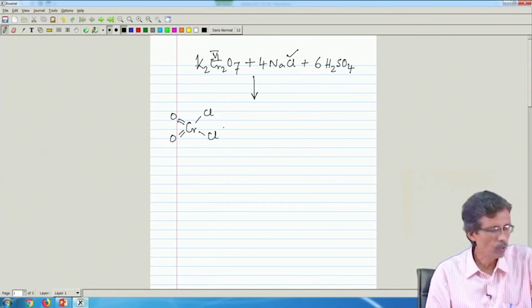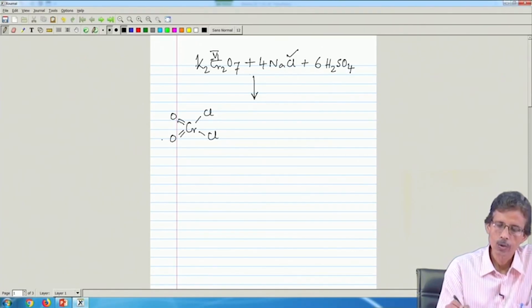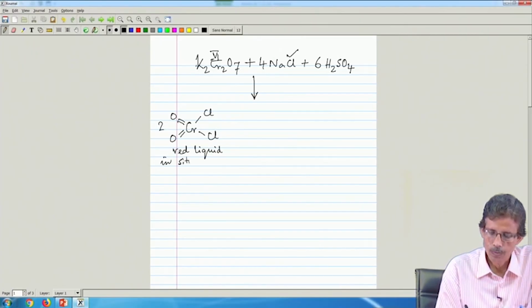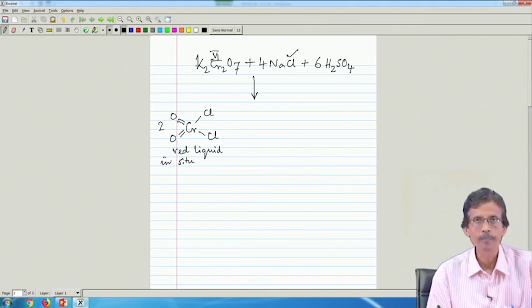This is our chromyl chloride, which is our red liquid. So, you have 2 chromium, so definitely we will be able to produce 2 of these chromyl chloride molecules, a red liquid, and we should produce it in situ, that means within the reaction medium.